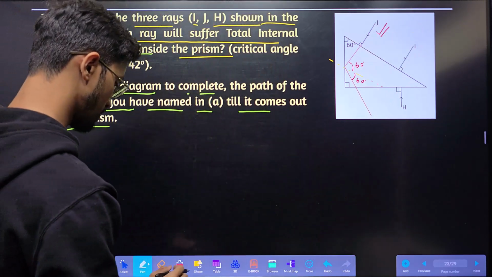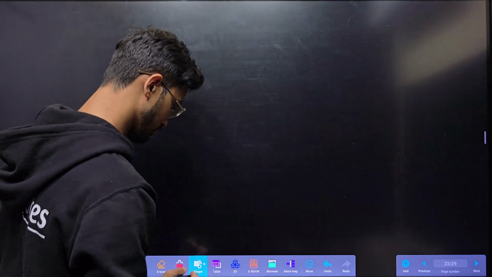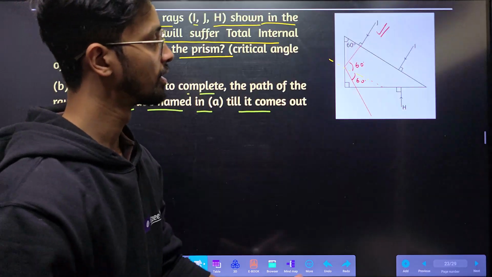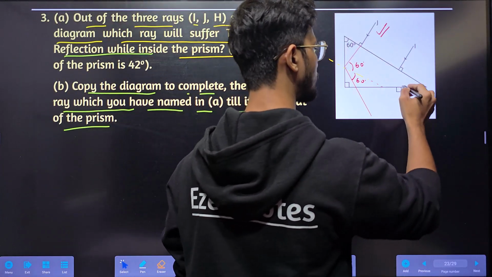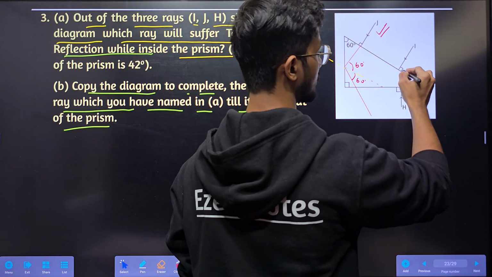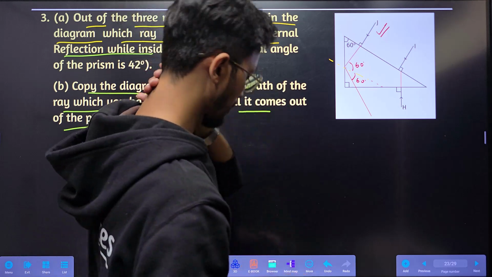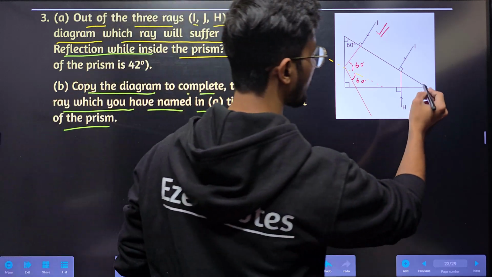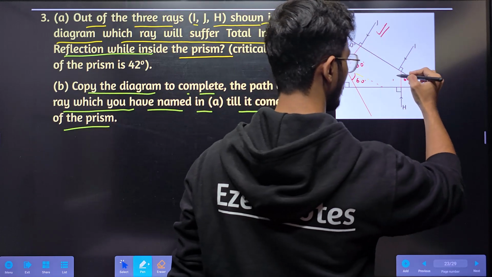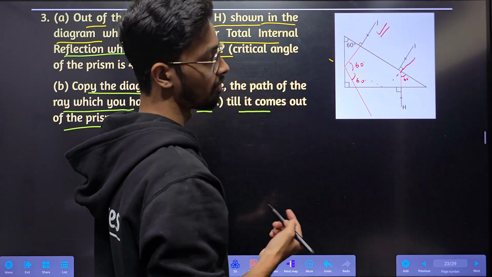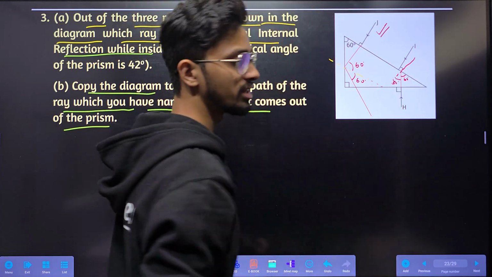Why not I and H? Let's see them. Let's follow H. It goes like this from here to here. This is 60, this is 90, so this will be 30. If this is 30, so this will be 60. Now, this is the normal. So this will be 30. It is incident at an angle of 30 degrees.